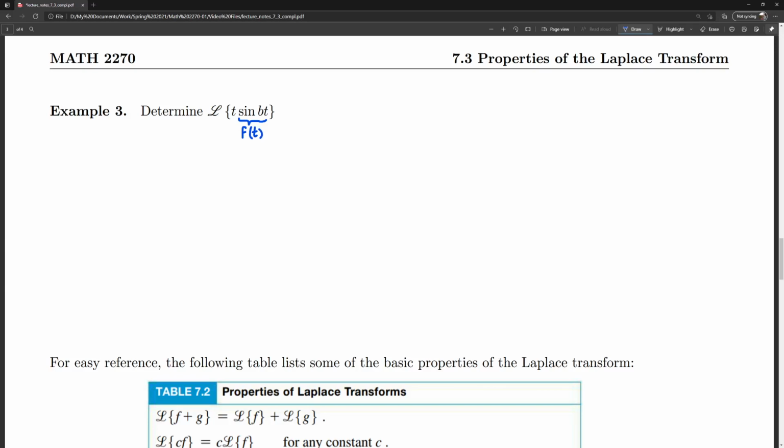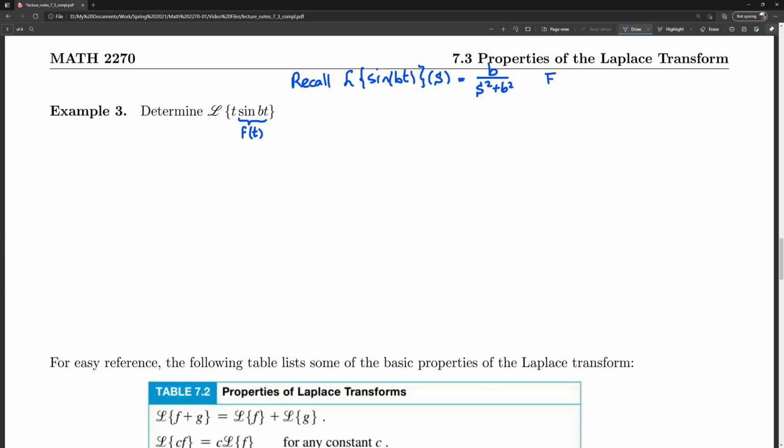What we should recall from the previous video is that the Laplace transform of sine of b times t is given by b over s squared plus b squared.